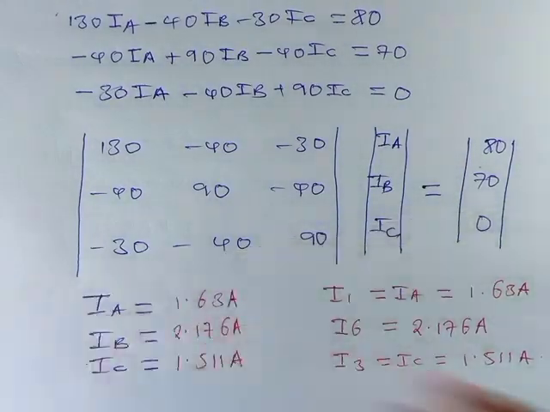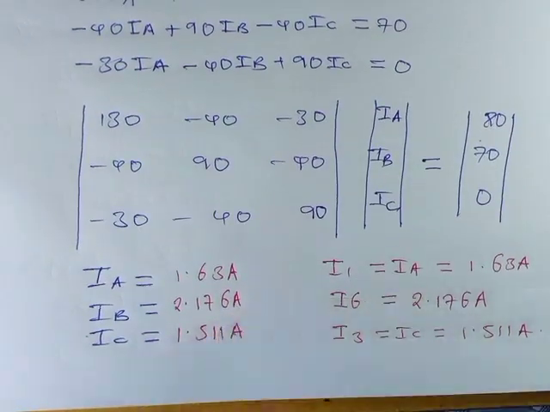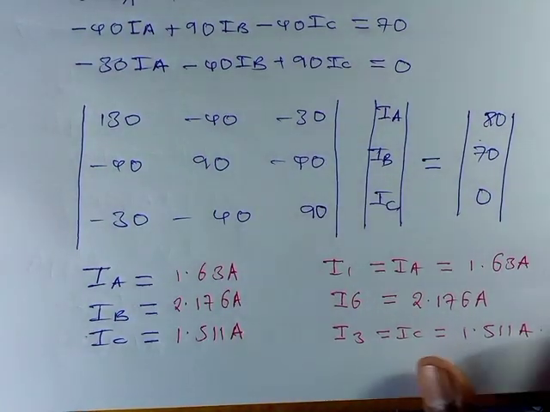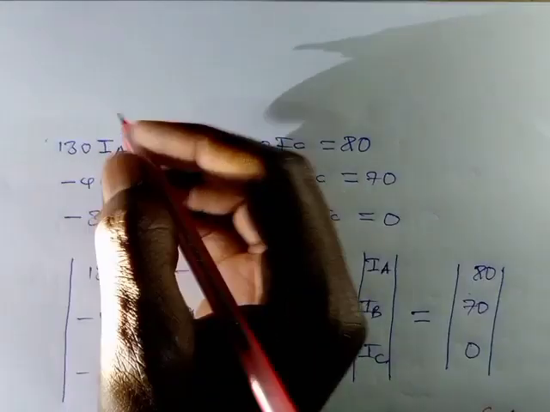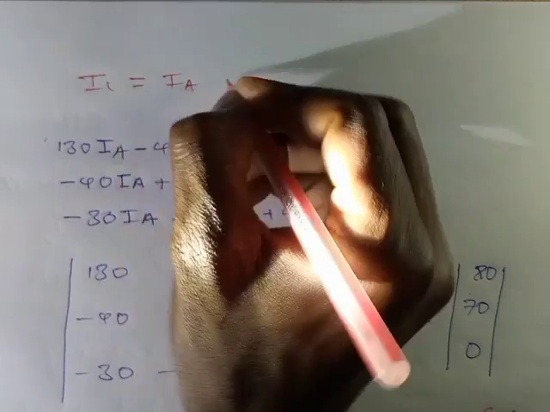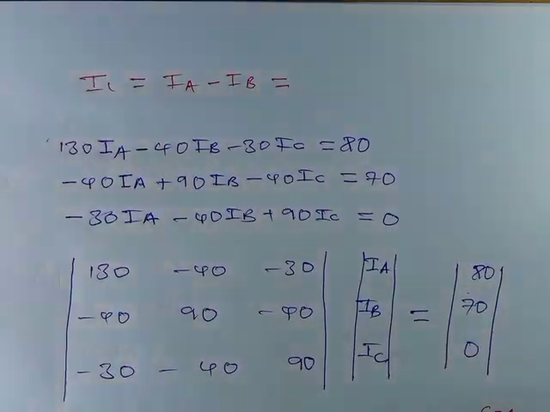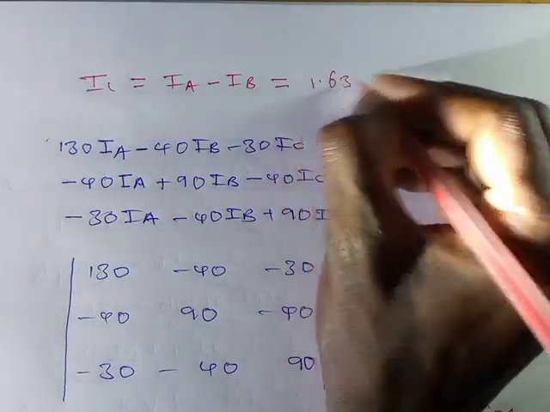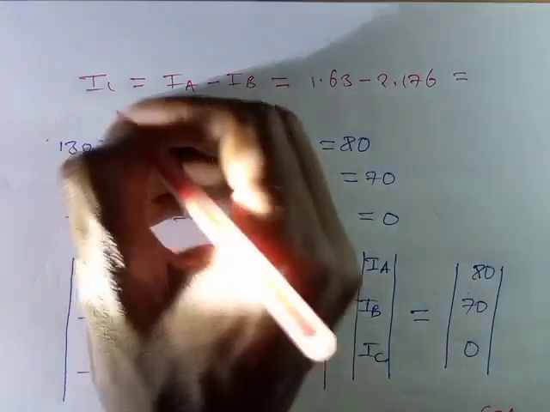Okay, so I need to write on top here. Say IL has to be equal to IA minus IB, which is equal to 1.63 minus 2.176. You get your answer there.